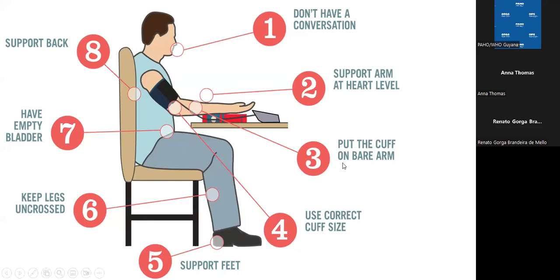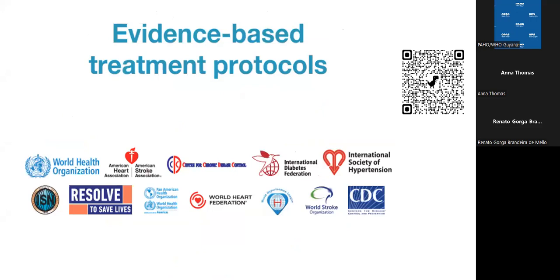We have to put a cuff on a bare arm always as possible, using the correct cuff size. Keep legs uncrossed. This is very important, especially for women. The patient must have an empty bladder and a supported back for an accurate measurement of blood pressure.